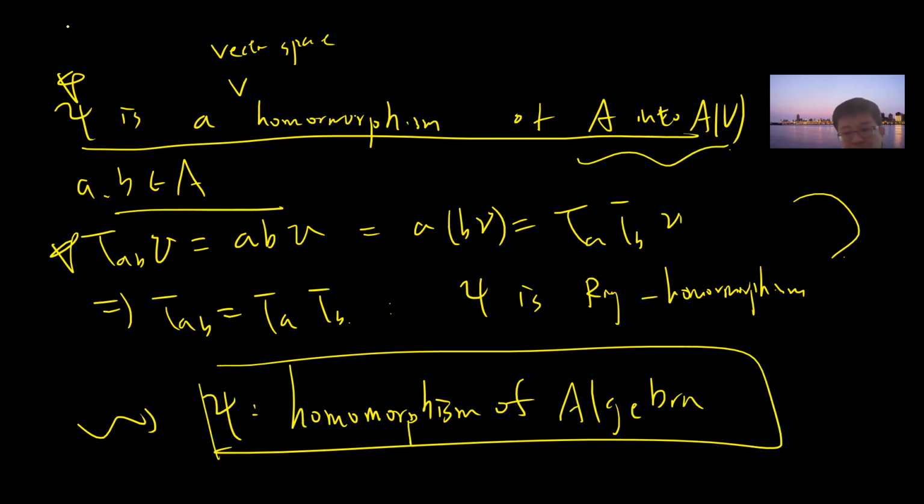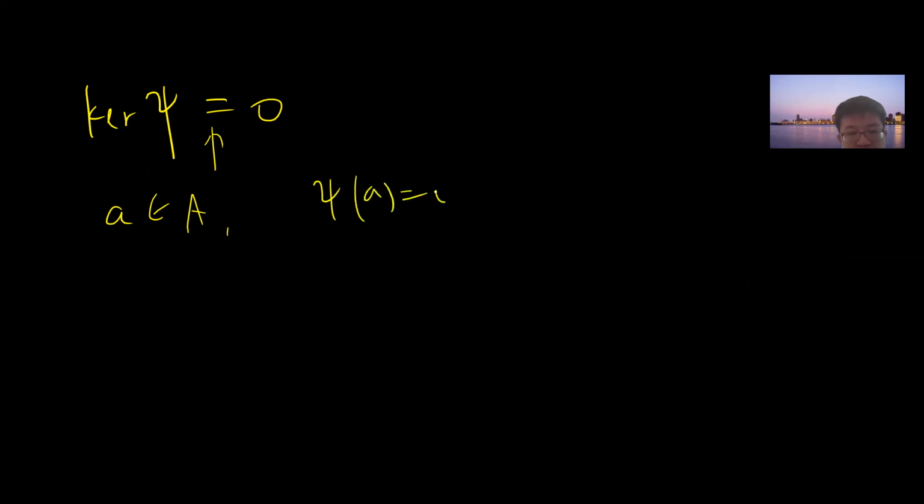But we are not finished. The final check we need to prove is that the kernel is zero, meaning everything mapped to 0 must be 0. So if a belongs to A, we hope to solve psi(a) equals 0.